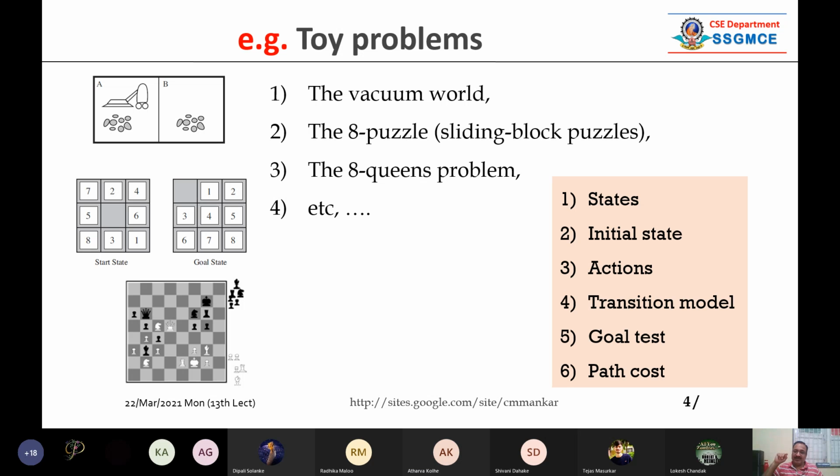Every move has some cost, 1, 2, 3, 4 or whatever, some numeric value. In the book, the author has given all the problems with reference to these 6 parameters. We shall talk about it later. These are the examples, because toys or games are an easy way to learn the concepts of AI.